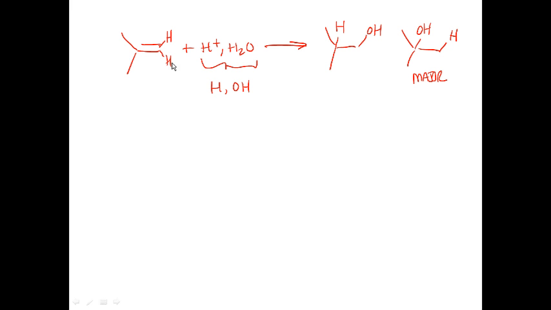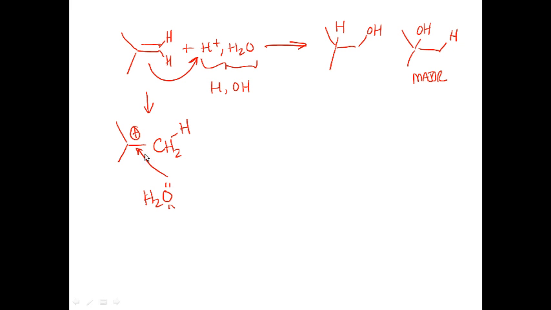Okay. If I was to do the mechanism for this, react the double bond with H plus, writing the mechanism for the formation of the major product. In this case, I'd add my H plus there. That would give me a tertiary carbocation.